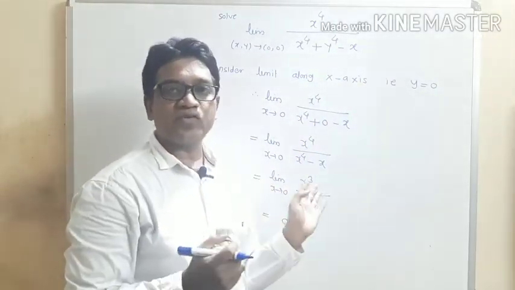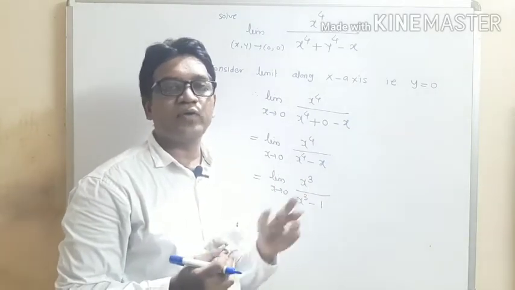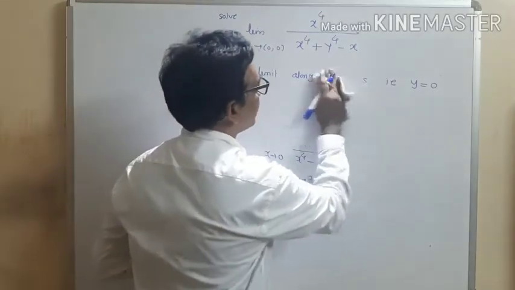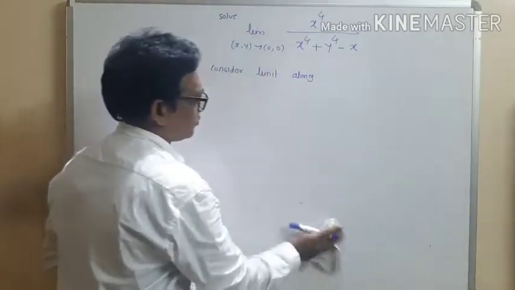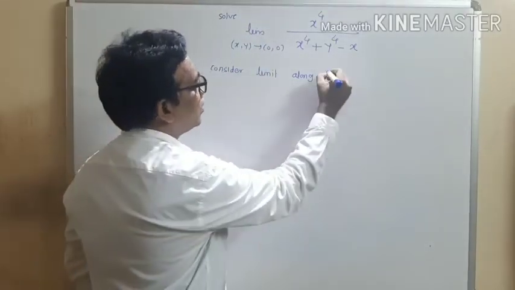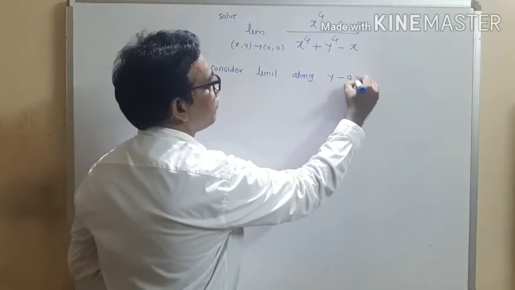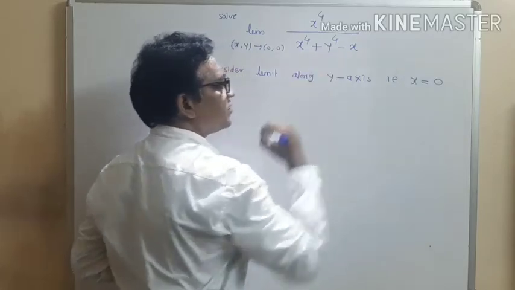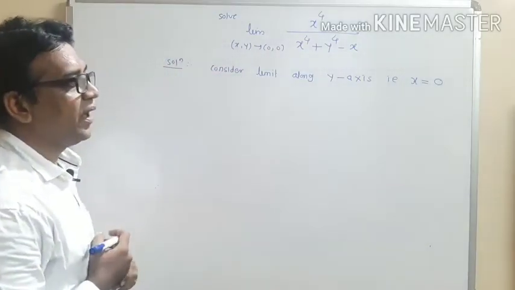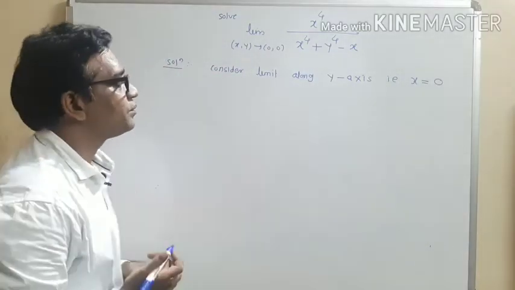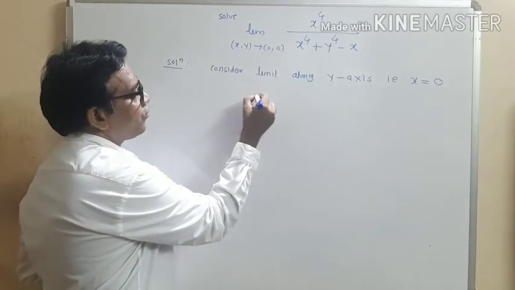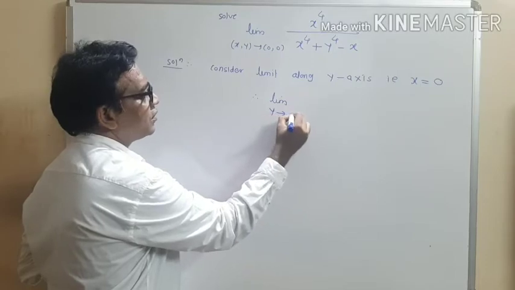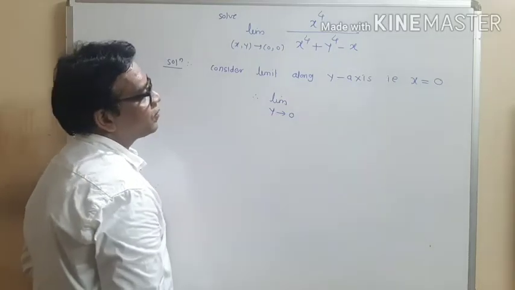Now find out the next path, which is again a simple path. Find out limit along y-axis. Consider the limit along y-axis, and the equation of y-axis is x equal to 0. So find this limit. This is limit y tends to 0.